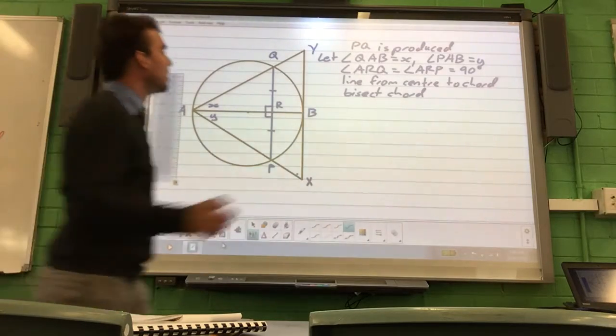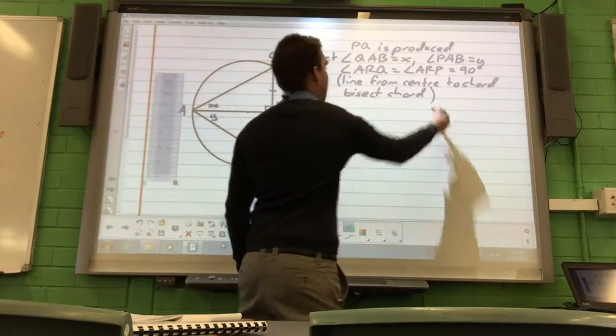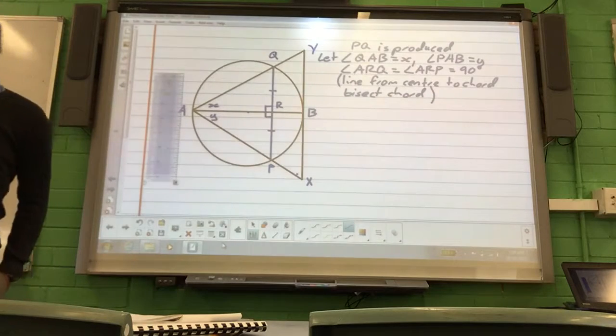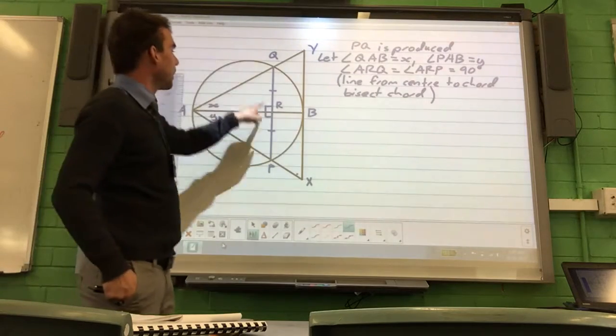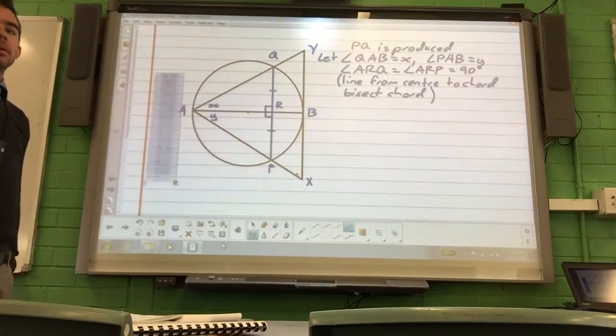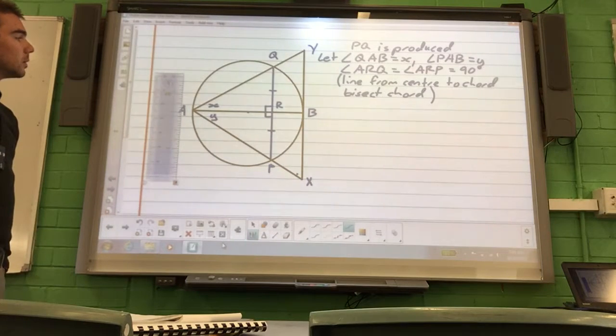Alright. Right, what else can I state? The angle from where R is, the angle QRB. Hang on, QRB. Yep. And BR. Yep, it's also 90.